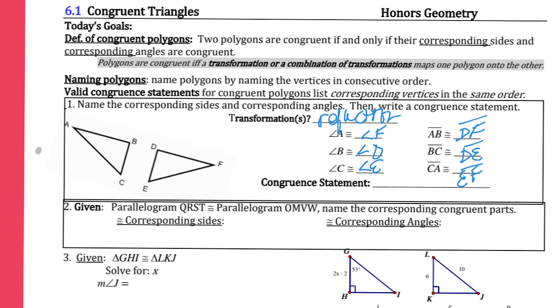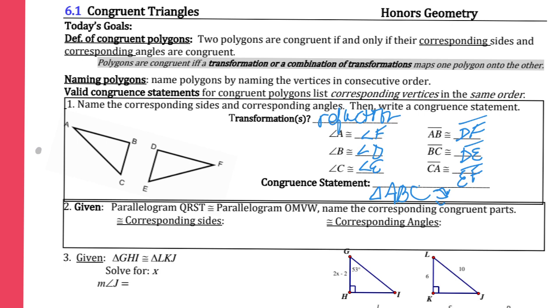Okay, and then the next thing is the congruency statement, which should name the two shapes that are congruent to each other. You would say triangle, because that's a shape, and you can write the word triangle. You have to start at a certain point, and the second shape that you list has to be in a corresponding order. So if you do triangle ABC, congruent, that's a congruency sign.